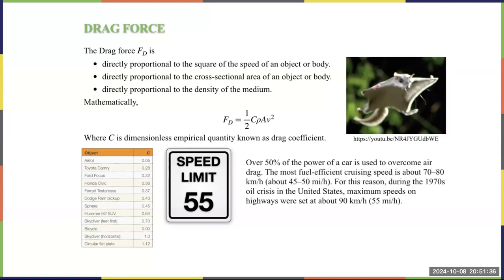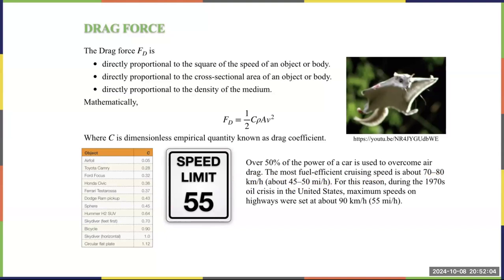Earlier, when they made cars, over 50% of the power of the car was used to overcome the drag force. And the most fuel efficient cruising speed is about 70 to 80 kilometers per hour, which is about 45 to 50 miles per hour. So just to make the car fuel efficient and have maximum efficiency, the speed limit was changed to 55.